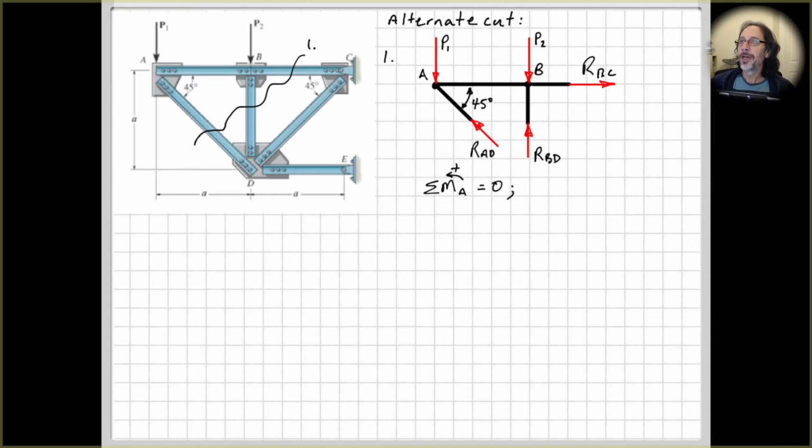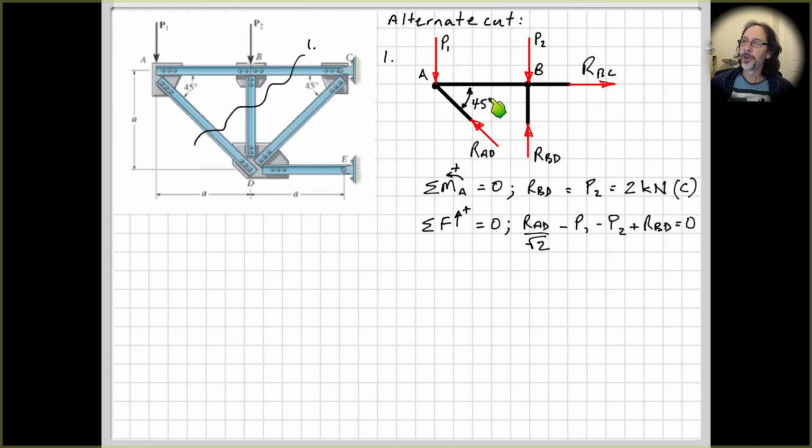So taking moments about point A, the only forces that are causing moments are P2 and RBD. Right, so it's RBD times A minus P2 times A. So I've just done a shortcut here. So RBD equals 2 kilonewtons in compression. And then sum of the forces in the vertical direction equals 0.